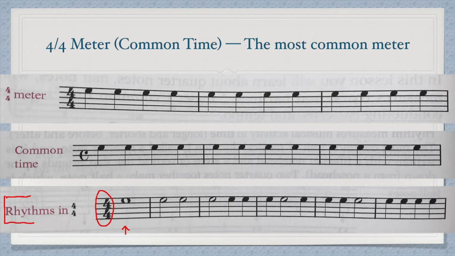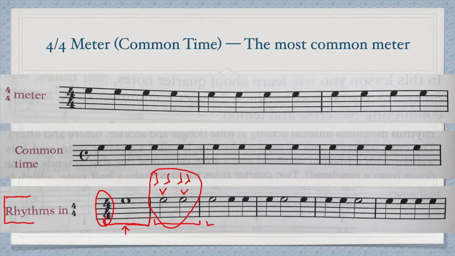A whole note contains 4 quarter notes. So this measure is just one whole note because it already contains 4 quarter notes. Then the next measure has 2 half notes. We know that each half note contains 2 quarter notes, 2 and 2, so it also contains 4 quarter notes.